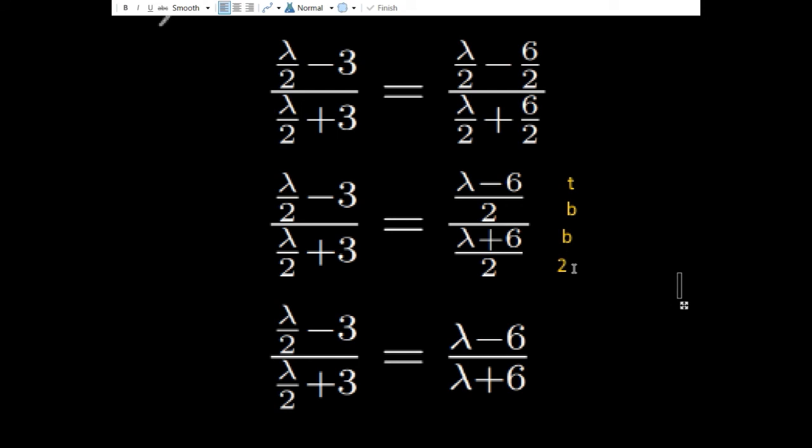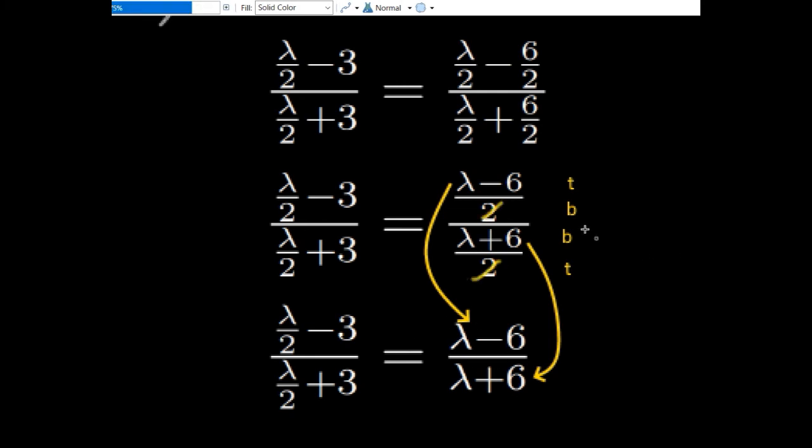And so at the top, you'd have lambda minus 6, which you can see manifest itself here. At the bottom, there'll be a lambda plus 6, which you can see is here, and because one of these twos is at the top and the other is at the bottom, they will cancel each other out. So that will leave us with lambda minus 6 over lambda plus 6.